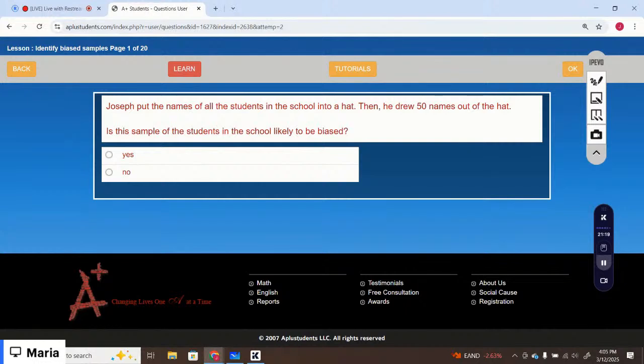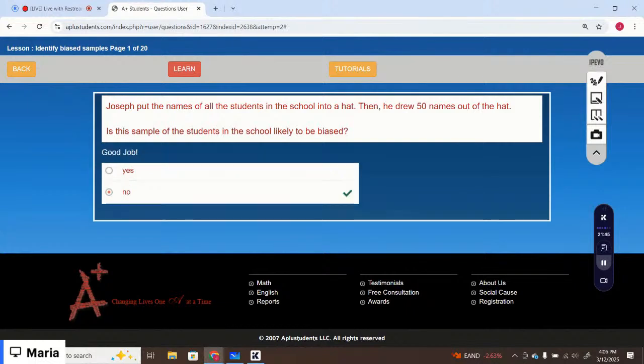Then he drew 50 names out of the hat. Is this sample of the students in the school likely to be biased? No, that is a random sample. That is not a biased sample, so the correct option is two.